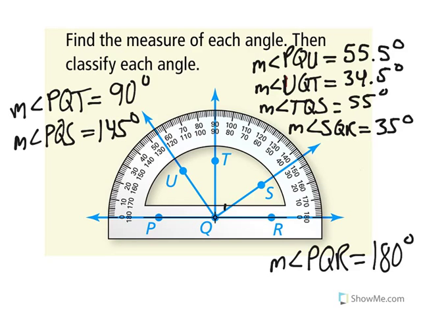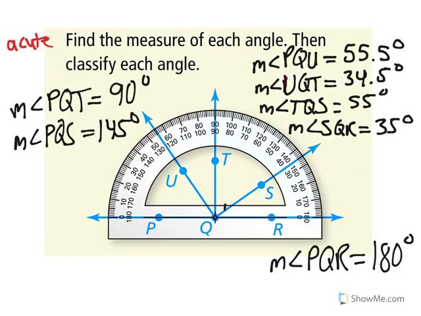And so now let's think about classification. Classification was our acute angles, right angles, obtuse angles, and straight angles. If I want to look for my acute angles, acute is less than 90. So I'm going to write acute over here in red, and look at which ones would be acute.